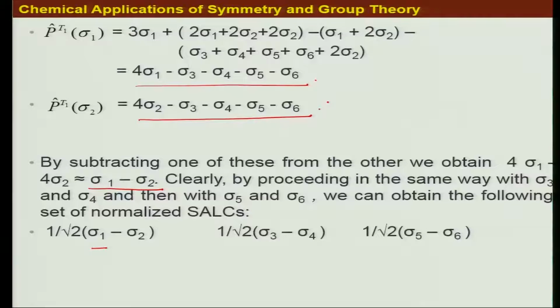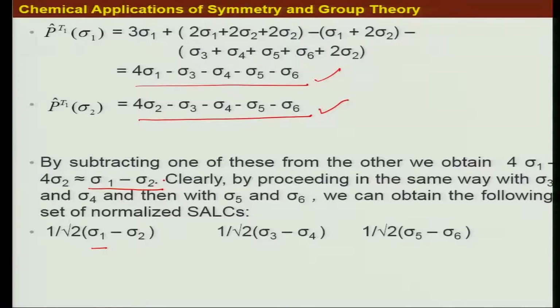Until you get the orthogonal functions, you have to try orthogonalization, and thereby here you use this subtraction, where you subtracted the second combination from the first one, and you got this function sigma 1 minus sigma 2.